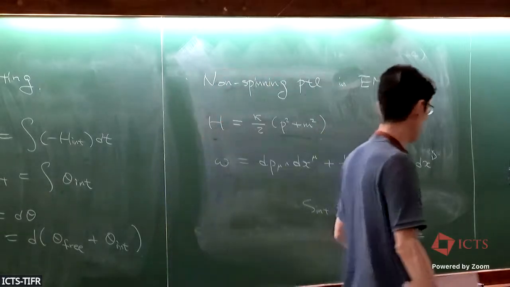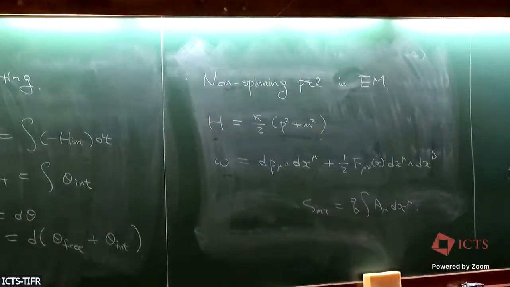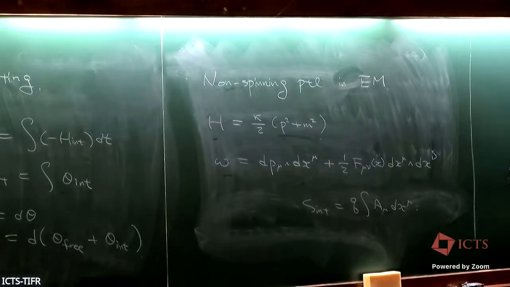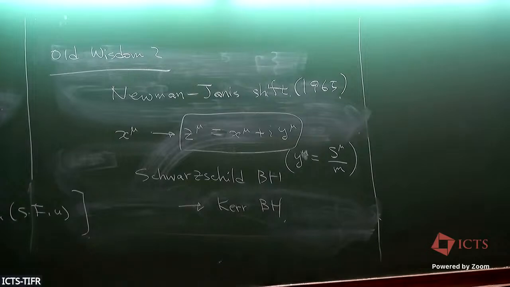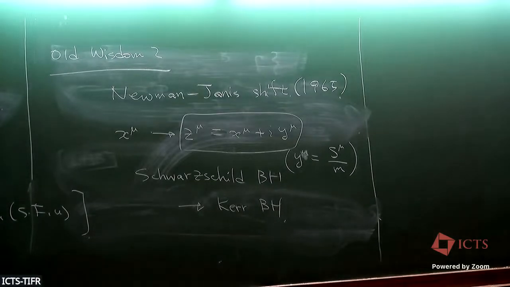All the coefficients are fixed. And this Newman-Janis shift is the guiding line. Well, at least in flat space-time, the Newman-Janis shift is literally a constant shift, although it involves the imaginary direction.